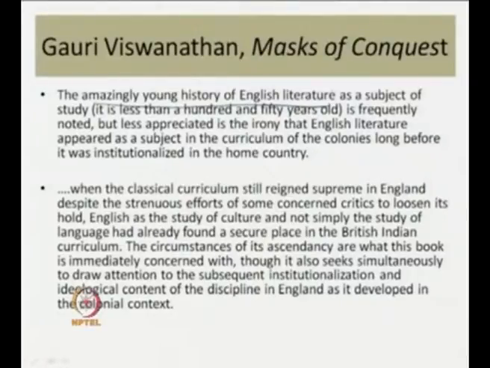This amazingly young history is frequently noted, but less appreciated is another aspect of it. And what is it? Less appreciated is the irony that English literature appeared, and this is, as I said, a stunning claim, that English literature appeared as a subject in the curriculum of the colonies long before it was institutionalized in the home country.